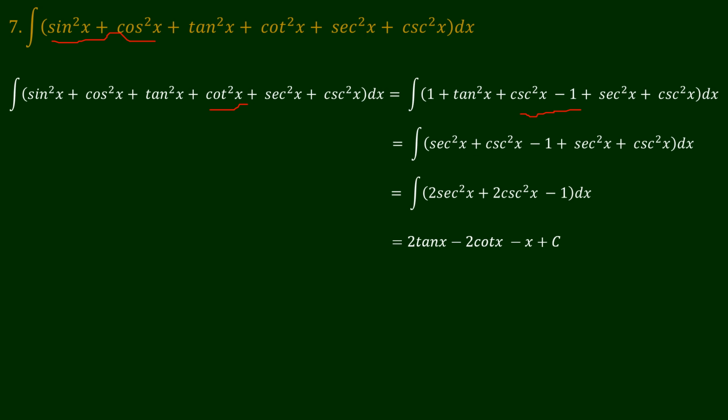So the integral of cosec squared now is going to be cot x. And so we have 2 cosec squared x resulting into minus 2 cotangent. Sorry, I forgot to mention that the derivative of cotangent x is the negative of cosec squared x.